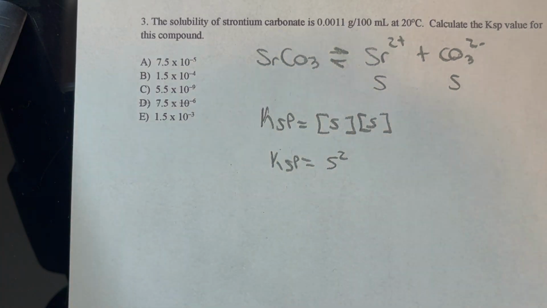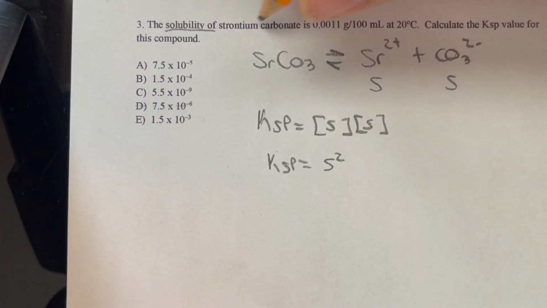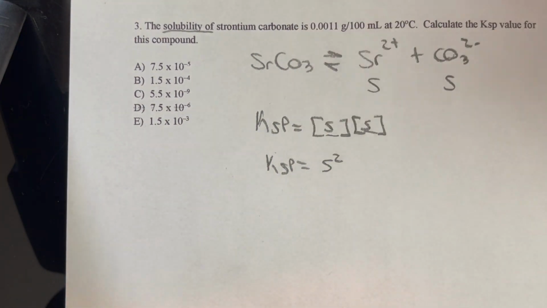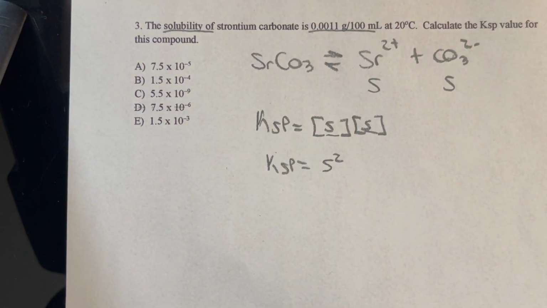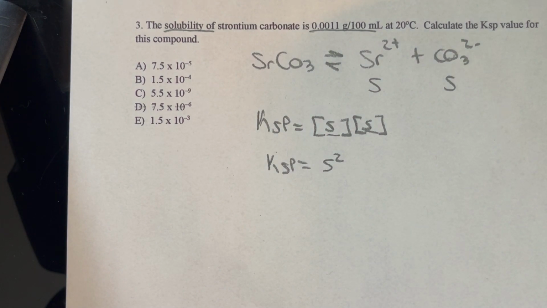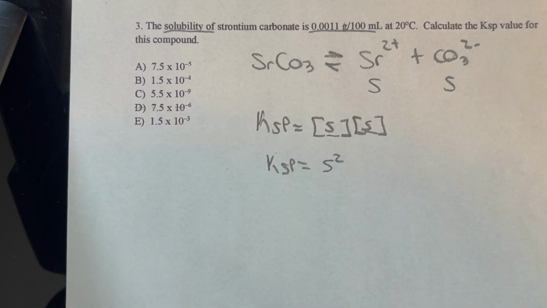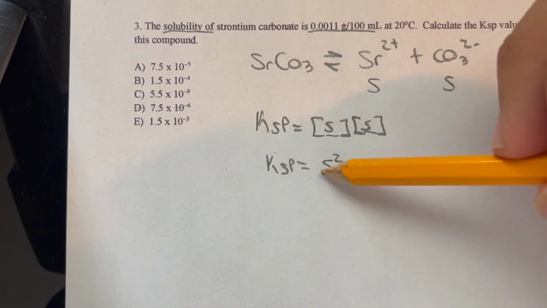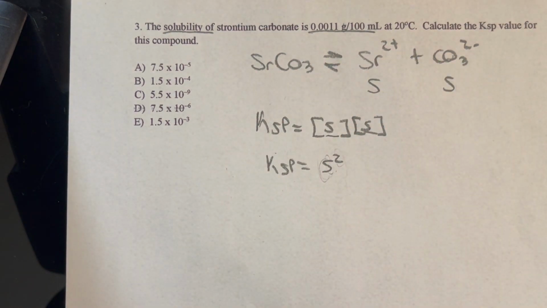But we are told what S is, right? It says the solubility of strontium carbonate, solubility, which is S for the whole thing, is 0.0011 grams per 100 mL. What we want to do is get that to units of molarity. Once we solve for molarity, then we can plug it back into S, square it, and then we get our KSP.